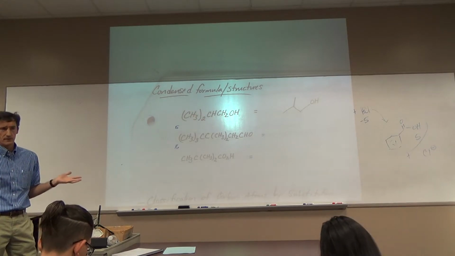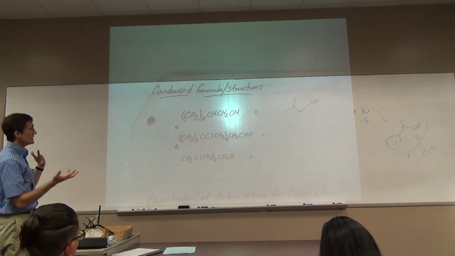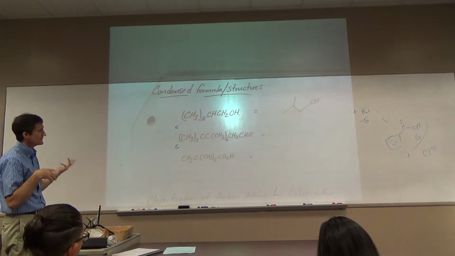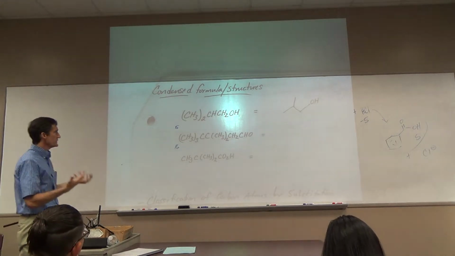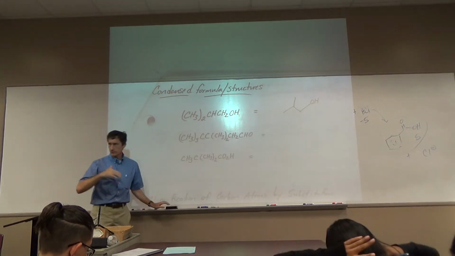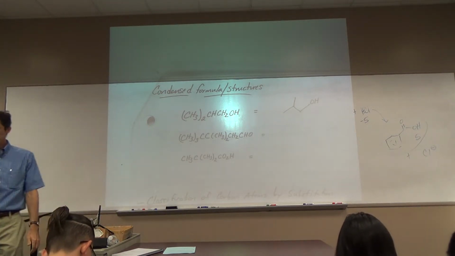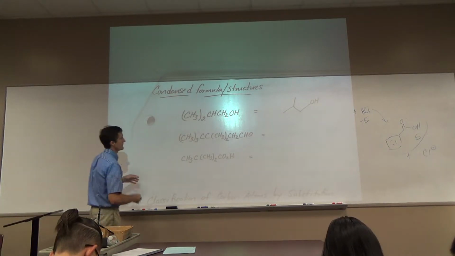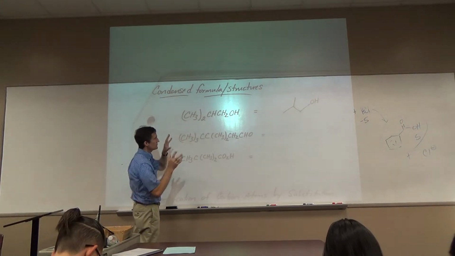That's just pure formula. This is somewhere between pure formula and structure. Now it's closer to just formula, but there's some information here. Sometimes this is called a linear formula, linear structure, because it can just be typed linear. But it does give you enough to know the structure.